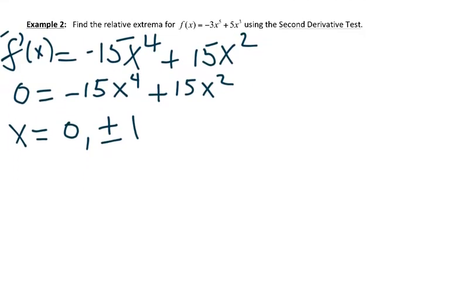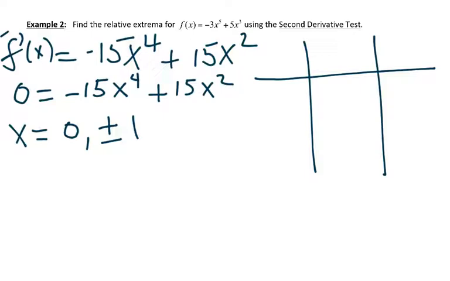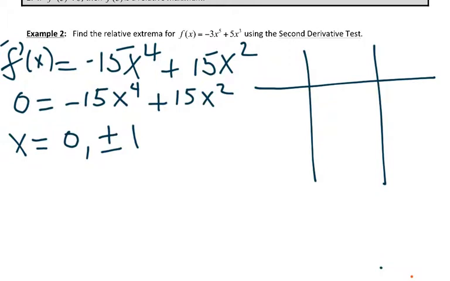Then what we do next is set up our table using the critical points. We have 3 of those: x equals negative 1, x equals 0, and x equals 1.